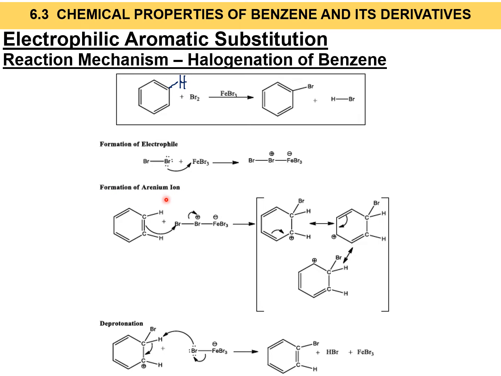Okay, formation of arenium ion ni kita ambil benzene ring. Okay, and then kalau let's say benzene ring you lukis macam ni, you lukislah macam ni sebab senang sikit. And then kita akan ambil double bond here untuk attack this Br. Okay, so bila dia attack this Br, this is quite similar to the carbon-carbon double bond punya reaction mechanism.